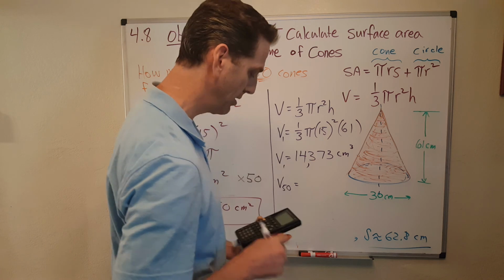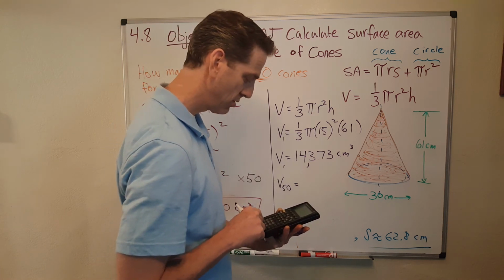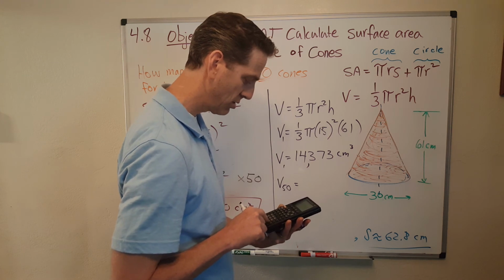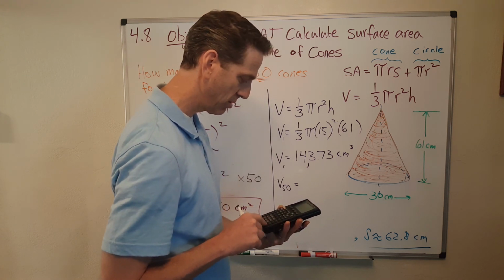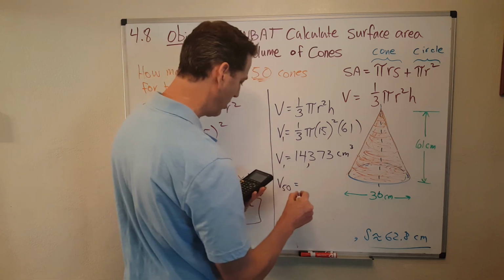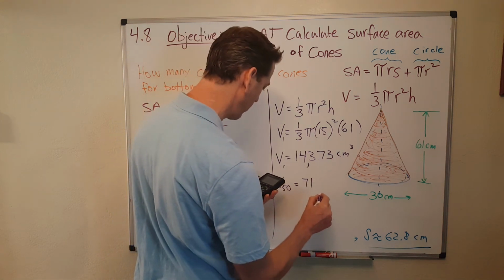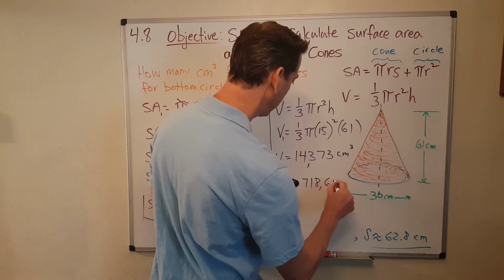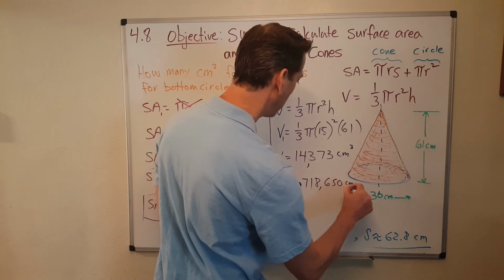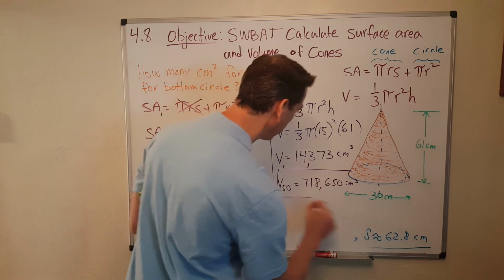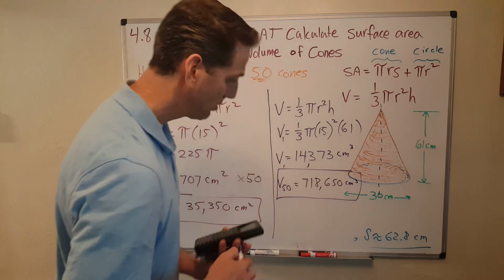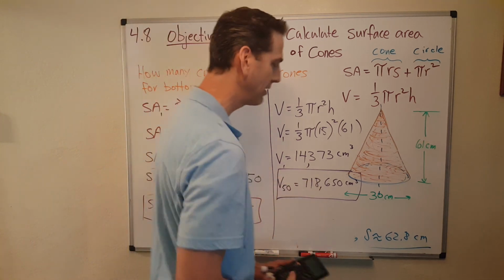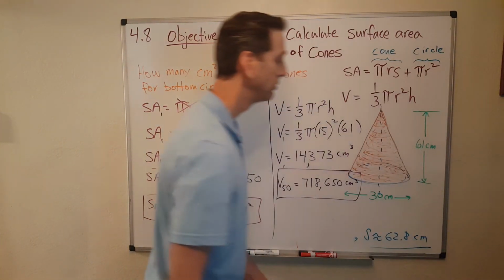Multiply that by 50. 14,373 times 50 is 718,650 cubic centimeters. All right, so that's how much space it's going to take up.